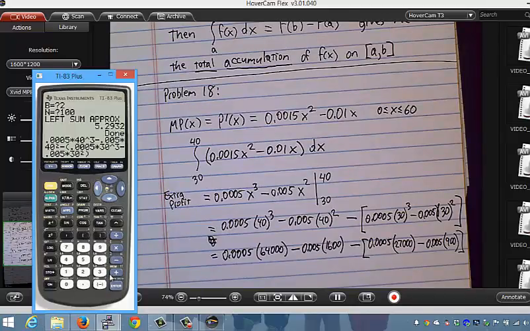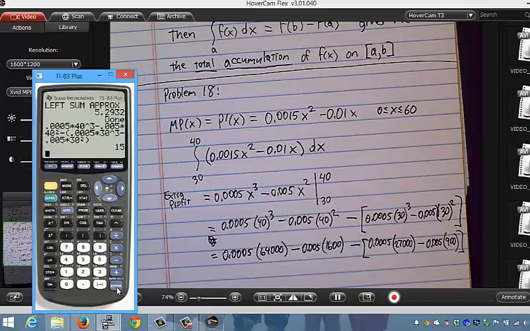Close parentheses, and if I did that all right, I got 15.